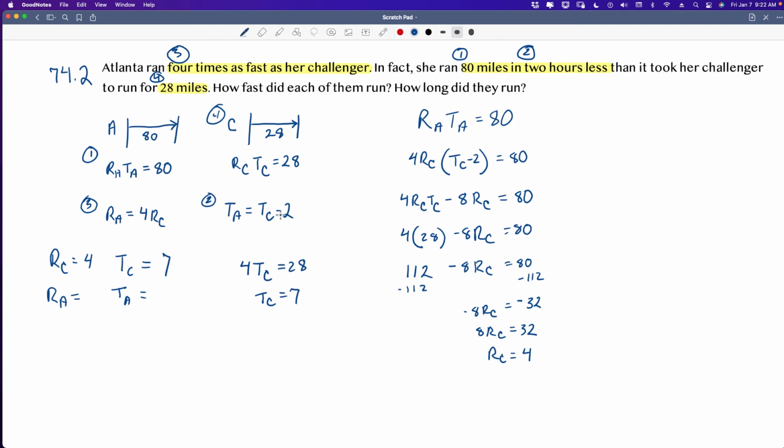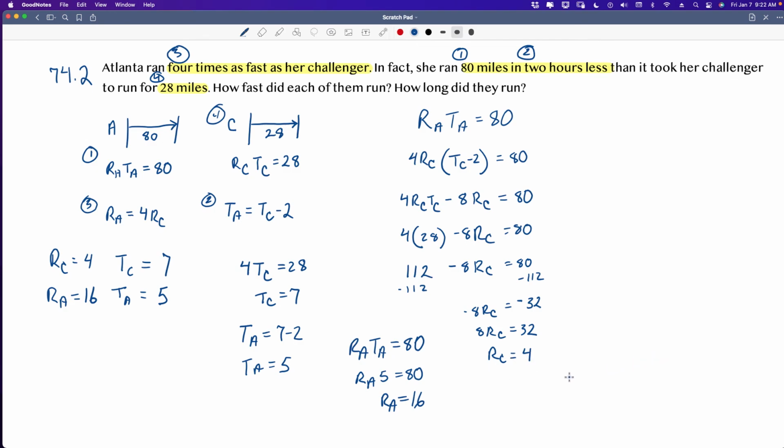And now if TC is 7, then TA is equal to 7 minus 2, so TA is equal to 5, right? So if RA TA is equal to 80 and TA is equal to 5, divide both sides by 5, RA is equal to 16. How about that? Easy peasy.